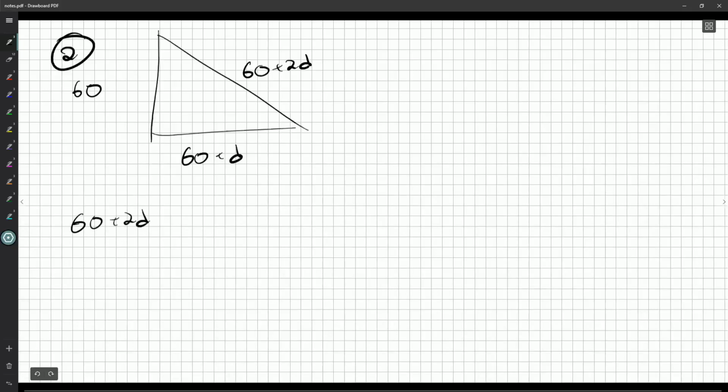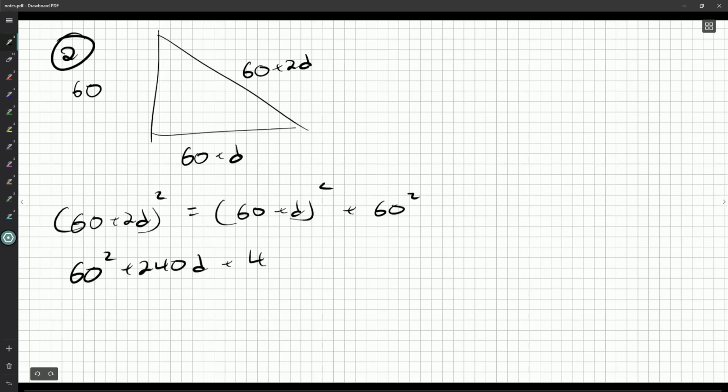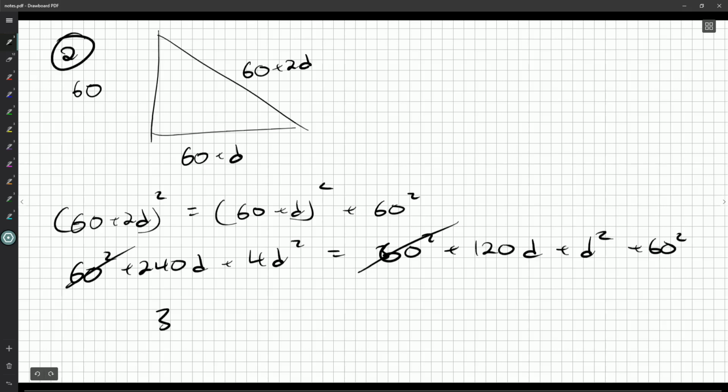60 plus 2d squared is equal to 60 plus d squared plus 60 squared. We'll get 60 squared plus 240d plus 4d squared is equal to 60 squared plus 120d plus d squared plus 60 squared. 60 squareds will cancel out. You can bring everything over to one side, so 3d squared plus 120d minus 3600.